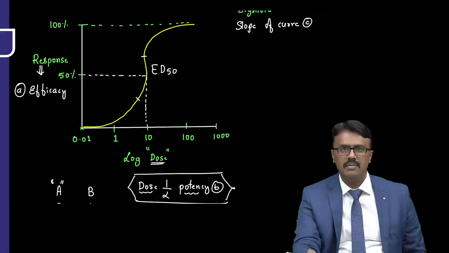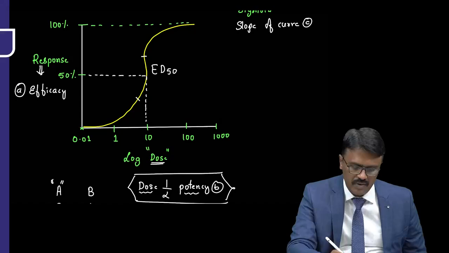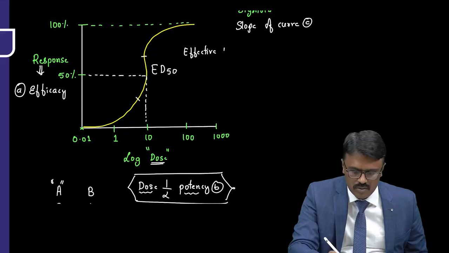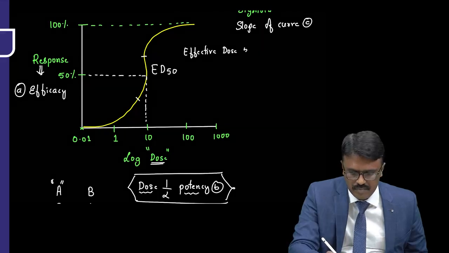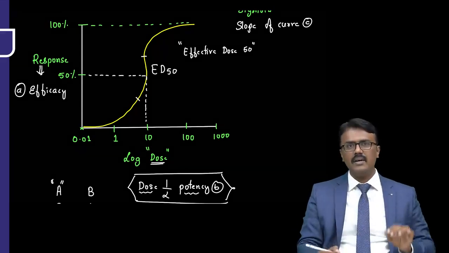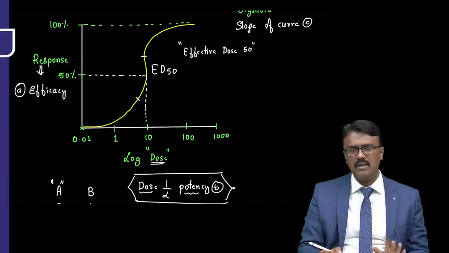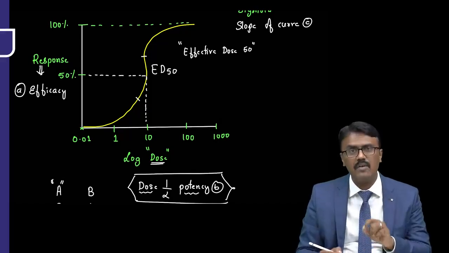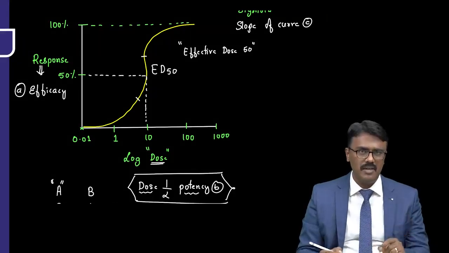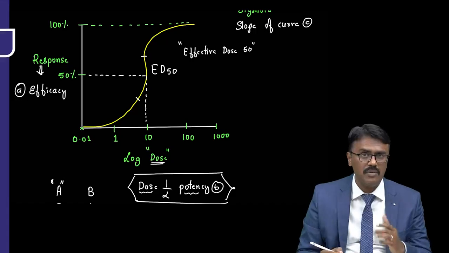What do you mean by ED50? The full form of ED50 is effective dose 50. So let me tell you again, effective dose 50 is nothing but the dose required to produce 50% of response. I'll repeat again, ED50 is the dose required to produce 50% of response.